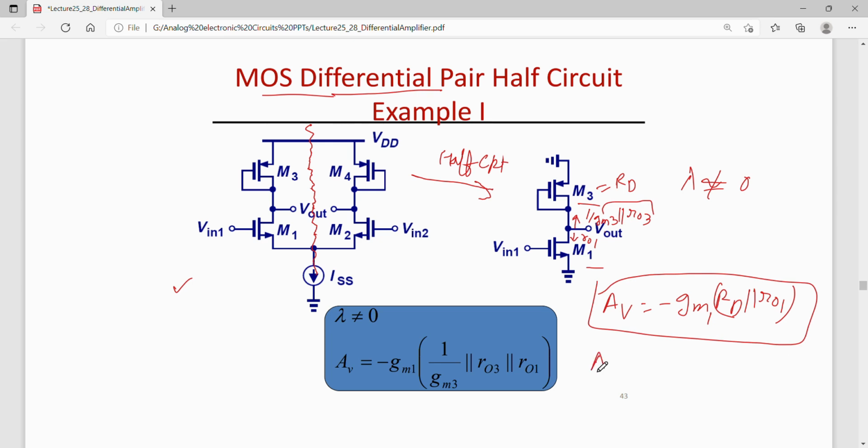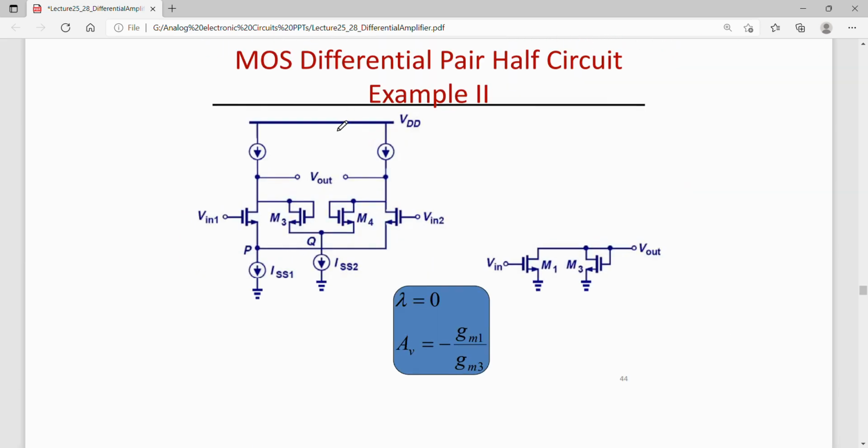If I plug in this value of RD in this gain equation, I get the gain as minus GM1 times 1 by GM3 parallel to RO3 parallel to RO1, which is equal to this here.